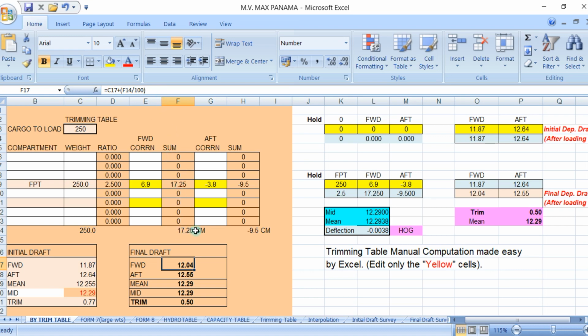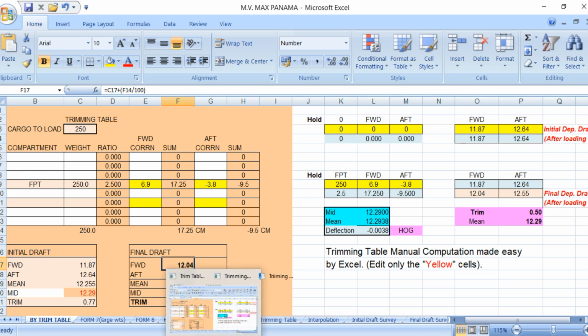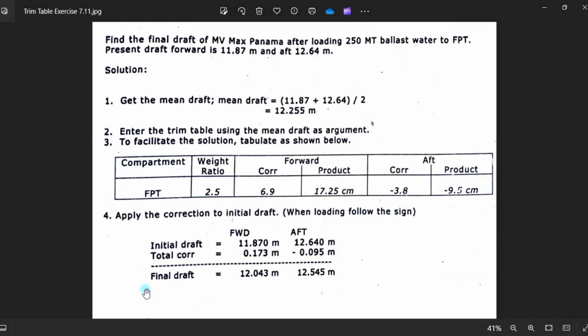Divide this by 100. Then you add this with F17 or C17, which is your initial drop. So first divide this value by 100, then you add this to your initial drop, then you will get 12.64.